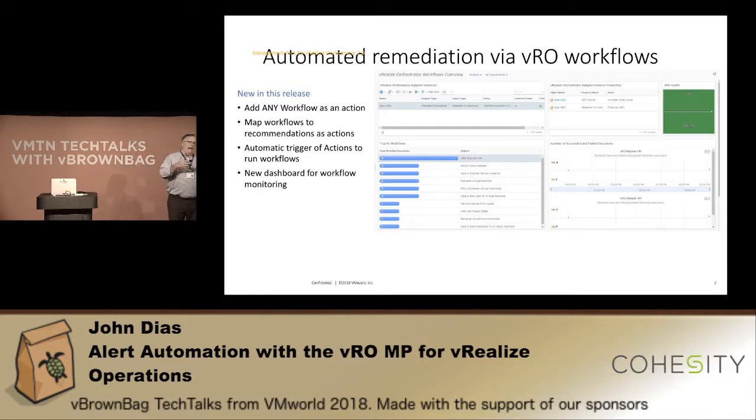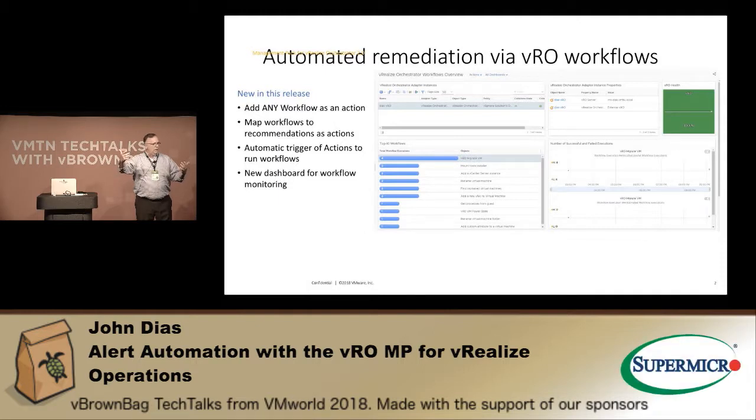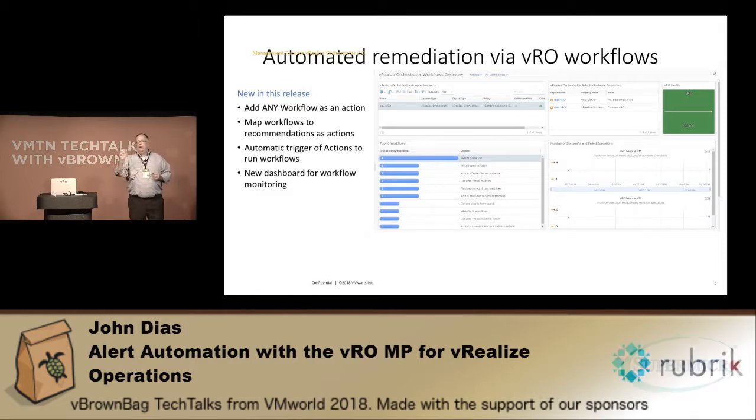We can actually take those workflows and map them to the vRealize Operations recommendations, and you can commit those as part of an action or part of an alert where you get the recommendation, hey, check for processes that are using CPU. It'll add a little Run Now button.